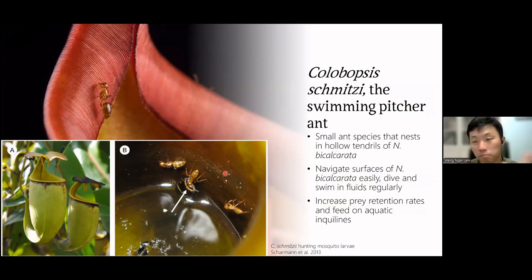They live purely around pitchers, and they navigate the surfaces of the peristome and the inner walls of bicalcarata easily. They swim in the fluids easily. They capture both prey that is visiting pitchers, as well as inquilines that live in pitchers, and a very interesting unique relationship with Nepenthes bicalcarata.